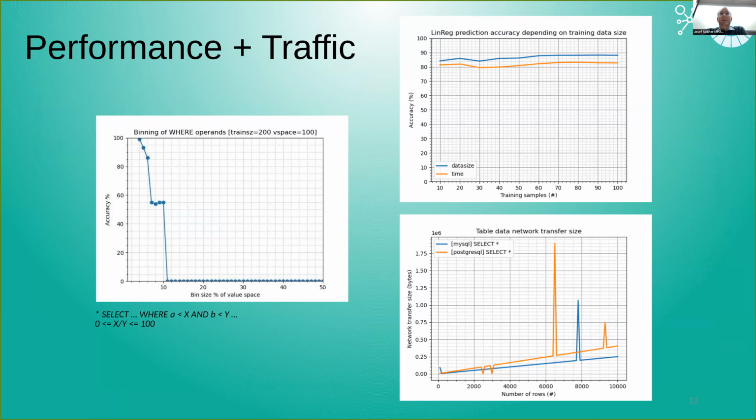And the final outcome of the project was that if we have a lot of training data with fine-grained bin sizes, then we get very good accuracy rates. We can really predict what will be the egress traffic from a certain cloud database service. It depends a bit on the service implementation.